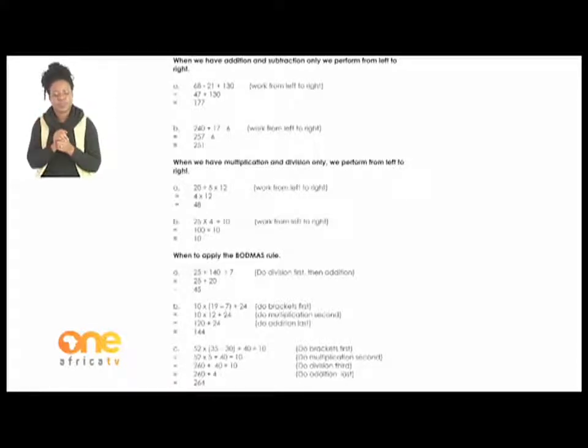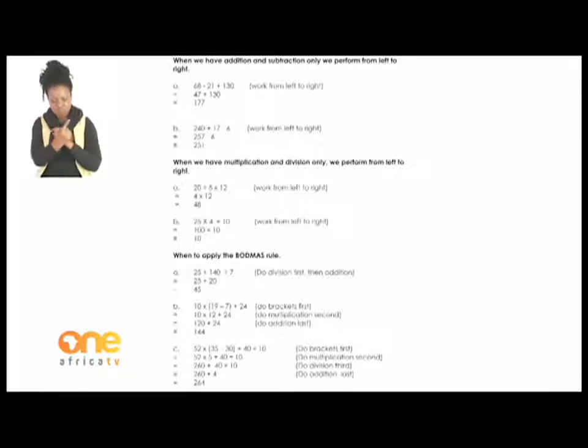We see the division is first, so that one we will do first. So we will first do 20 divided by 5, and we say 20 divided by 5 equals 4. And then we add times 12. 4 times 12 equals 48. We will also see one thing, boys and girls. We do each sum of the BODMAS separately.